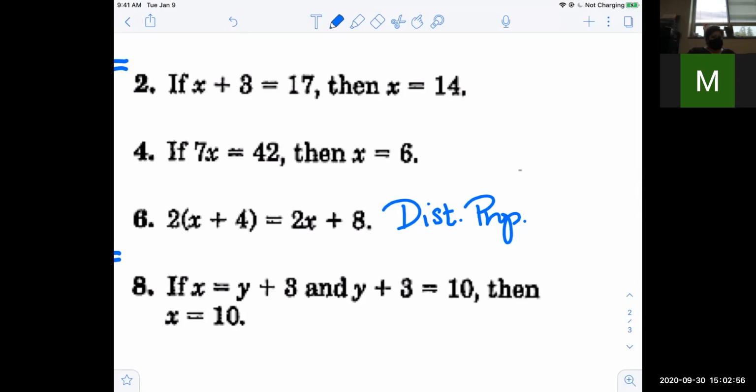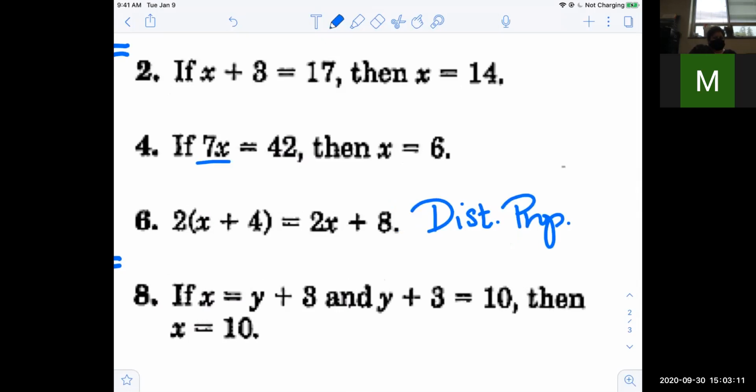What is it? What are you divided by? 7. And again, you're always going forward. If you divide both sides by 7, then you'll have x equals 6. Good. That's division, property of equality.